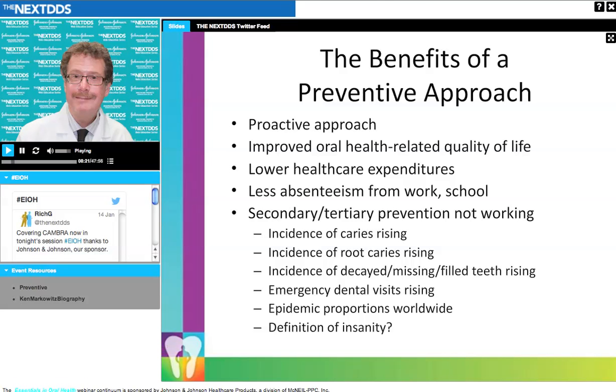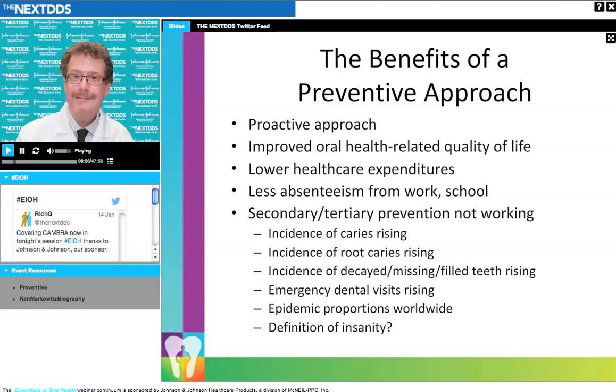This is important because, although a lot of people are experiencing reductions in caries, overall there's plenty of caries out there. The incidence is rising. People are keeping their teeth longer, so the root surfaces, which are normally not exposed in a young person, become susceptible to caries as a person gets a little gumline recession or periodontal disease. So there's still plenty of decayed, missing, and filled teeth in the population.